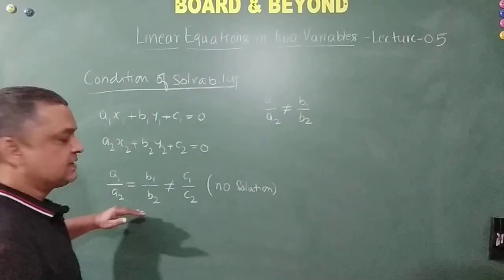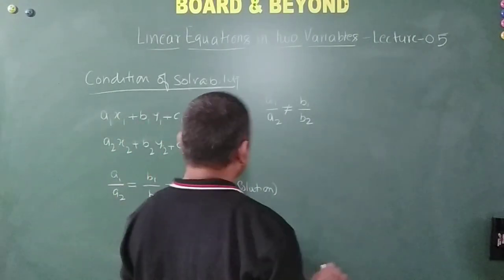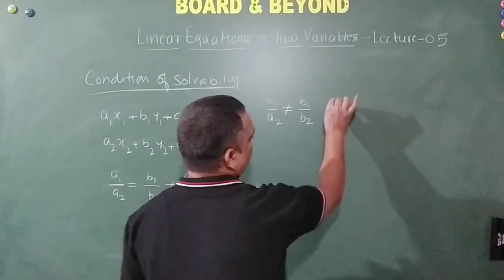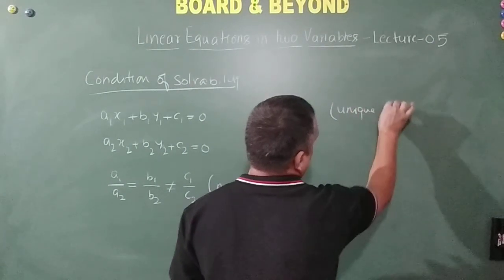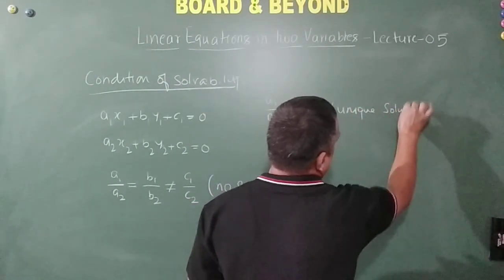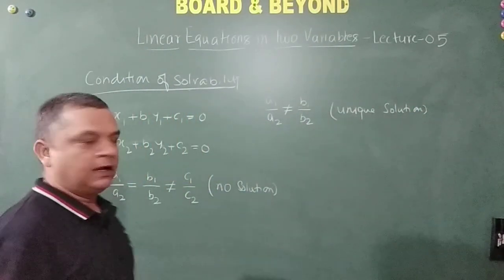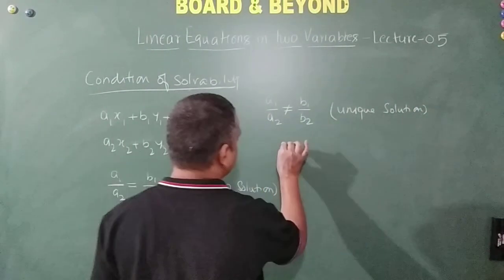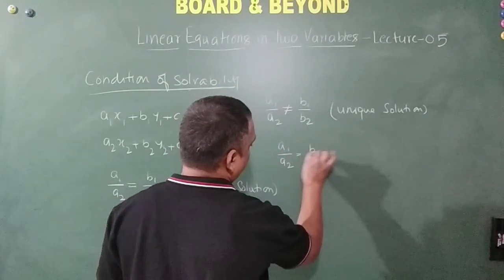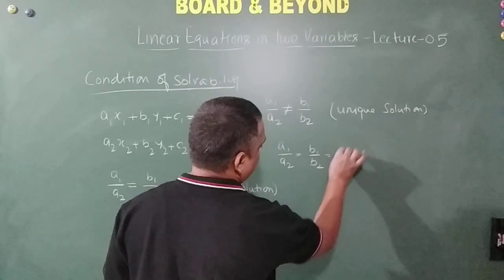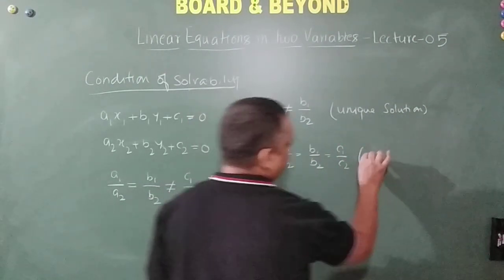In this case the system of linear equations will have a unique solution. And there is one more condition: if a1 by a2 is equal to b1 by b2 is equal to c1 by c2, then it has infinitely many solutions.